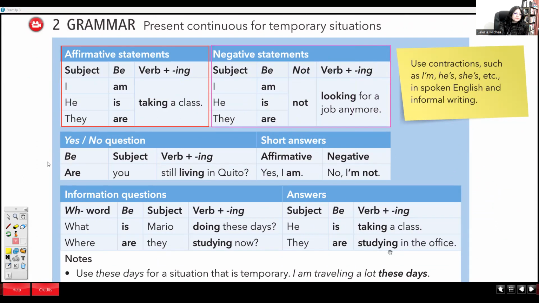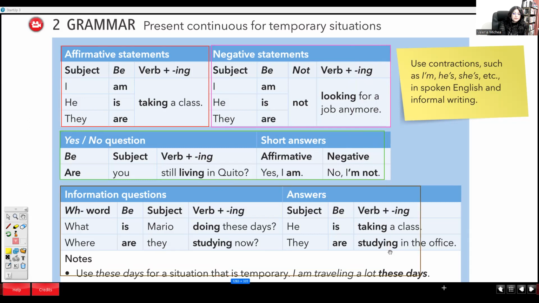Then you have questions that you can ask. So closed questions. And finally, you have open-ended questions. Let me change it. That's the same color. Let's use this one.